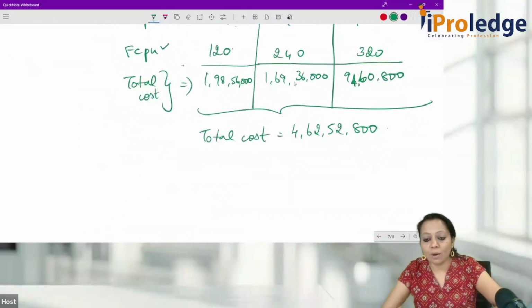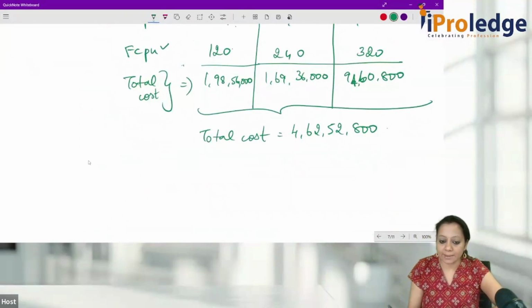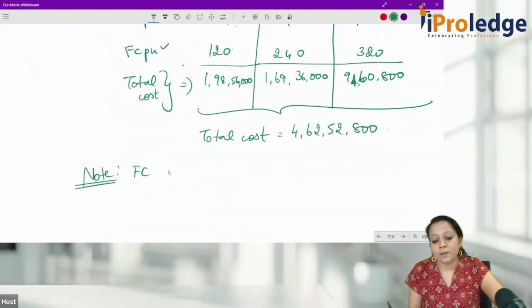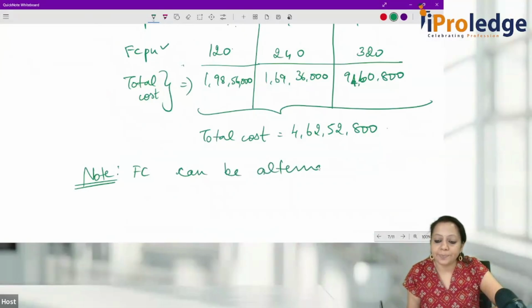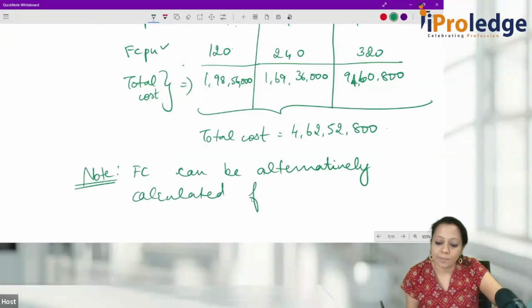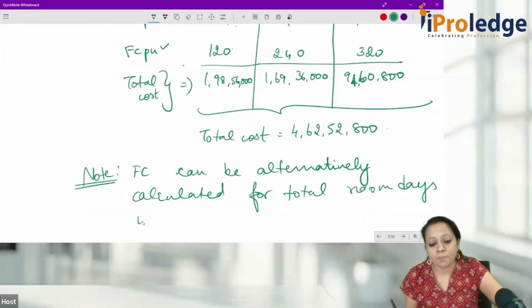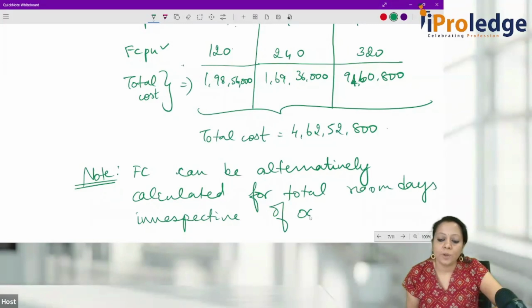So that is also one of the alternatives. So, ma'am, how to handle this in the exam means, note, fixed cost can be alternatively calculated for total room days irrespective of occupancy.